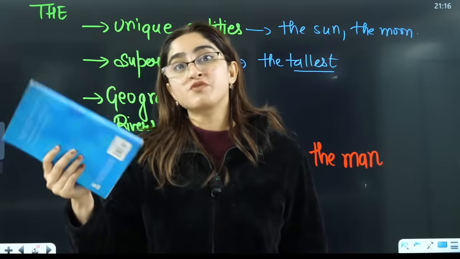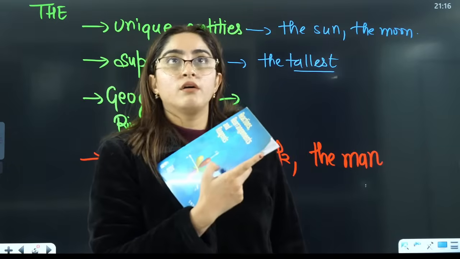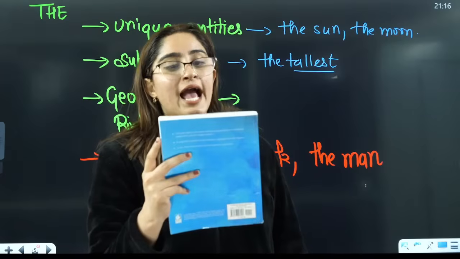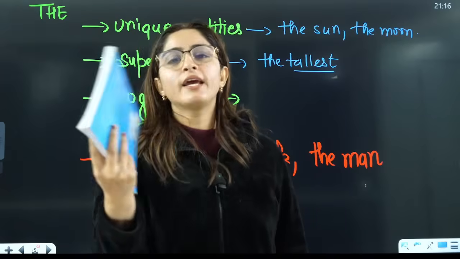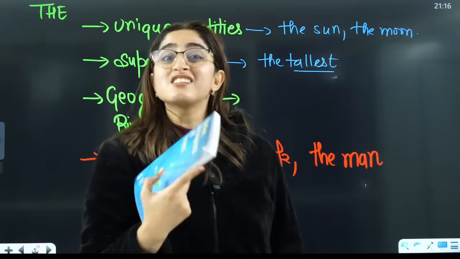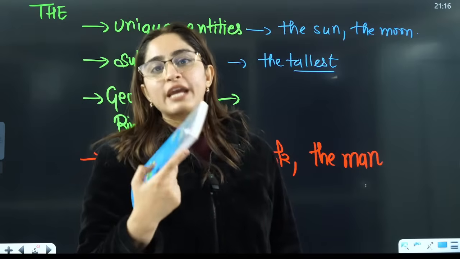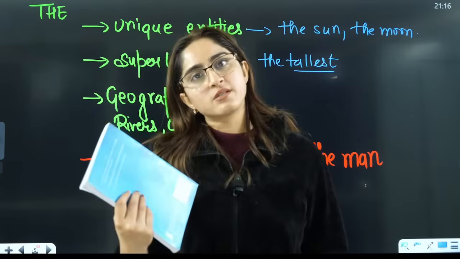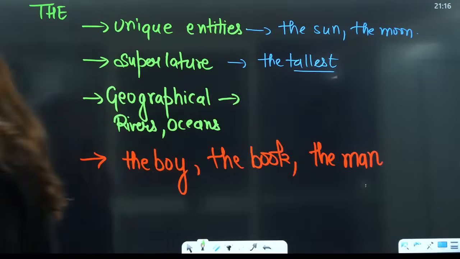But if I specifically talk about the book of reaction reagents and rearrangements, then I'll say this is the book of reaction reagents and rearrangements. That means I'm specifying this book.